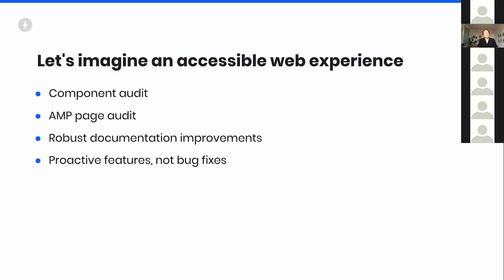And we also want proactive features, not bug fixes when accessibility issues are discovered and encountered and the damage has been done. We have our launch process, but what other processes can be put in place to create accountability in developing accessible features? And then finally, we should introduce automated and manual testing.